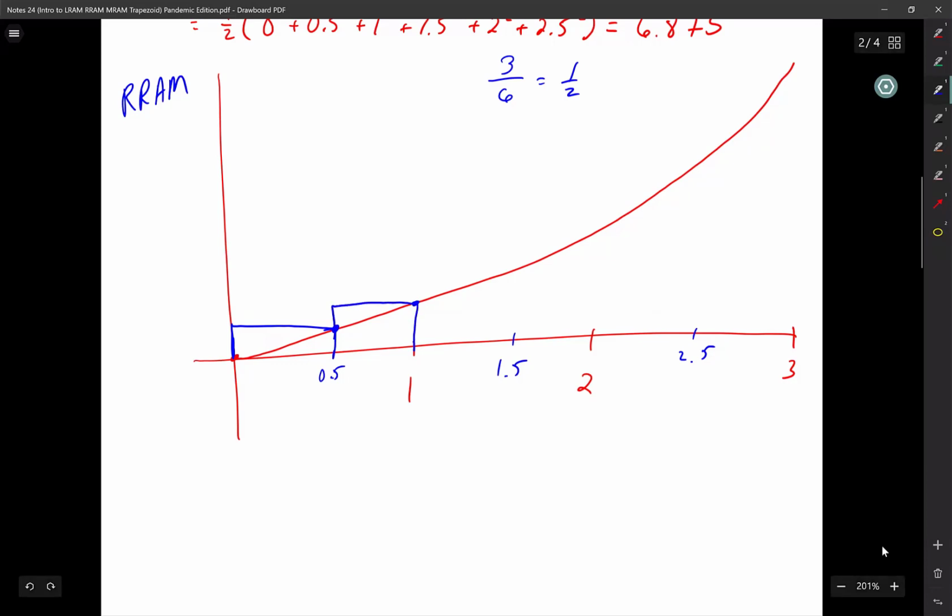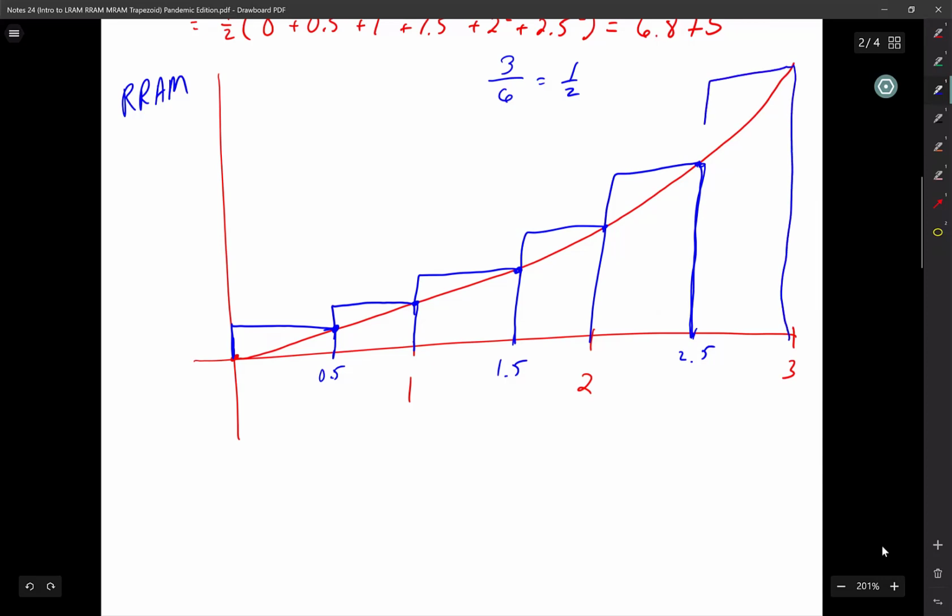There's your second rectangle. Continue the pattern. This one will have true six rectangles.